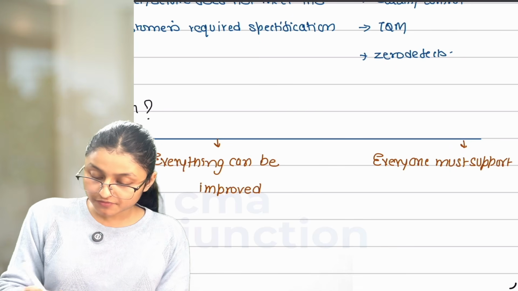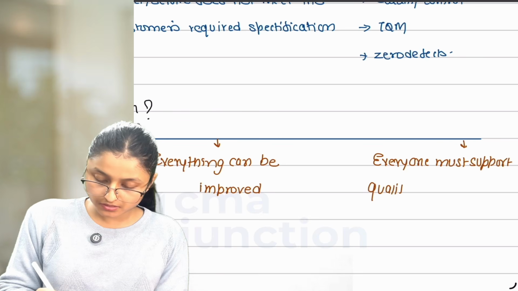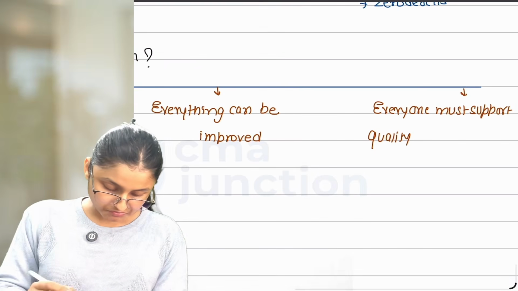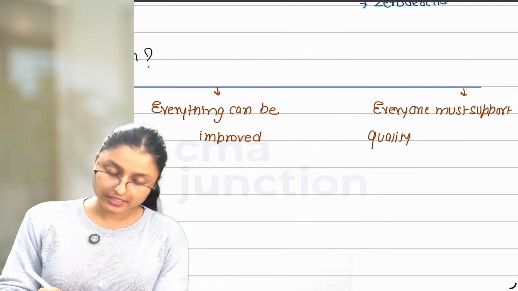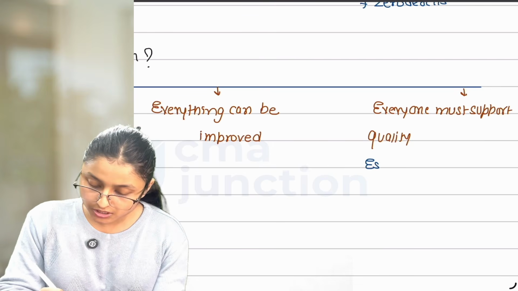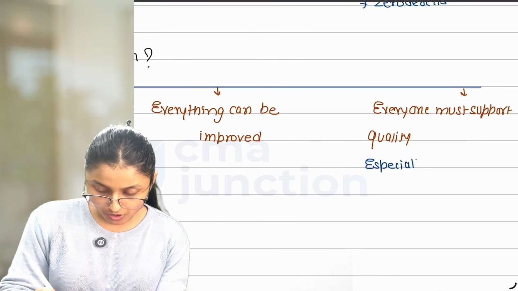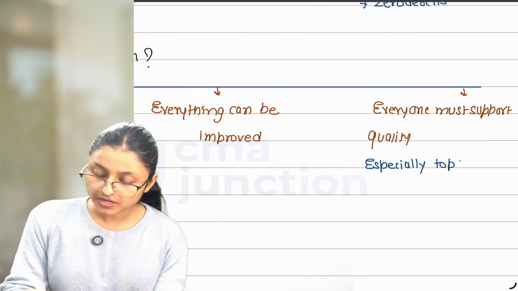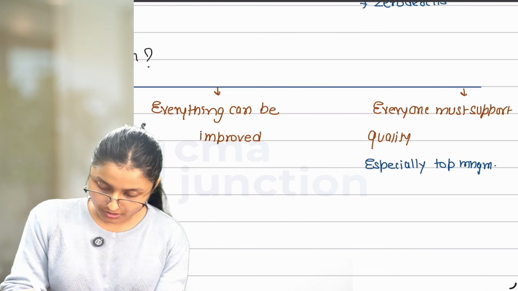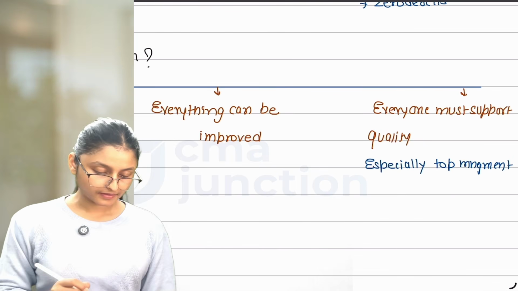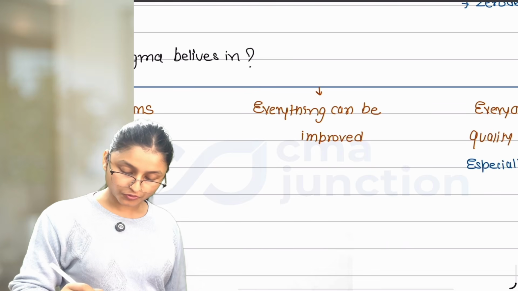When we say everyone must support quality, what does it mean? It means that everyone in the organization should support, but especially top management. Because without them, you'll not be able to apply Six Sigma in the organization. Everything can be improved.